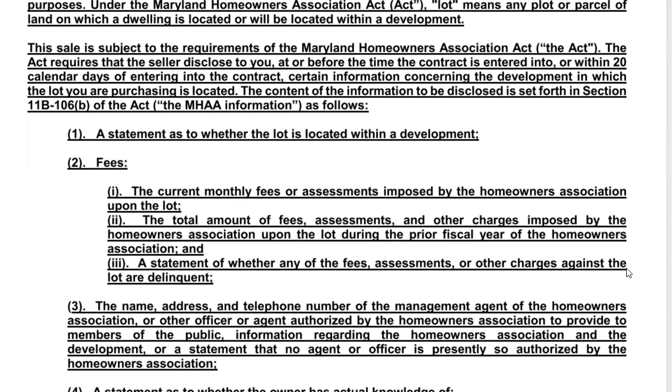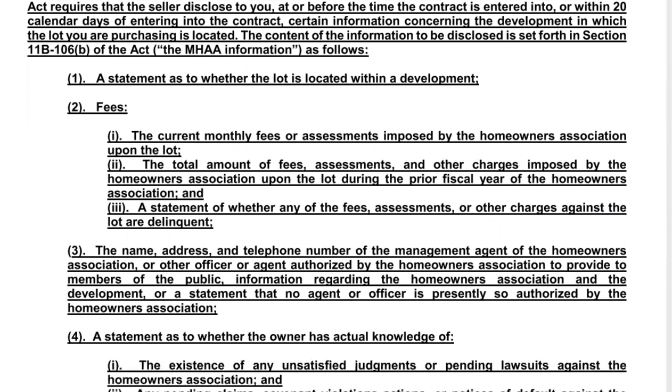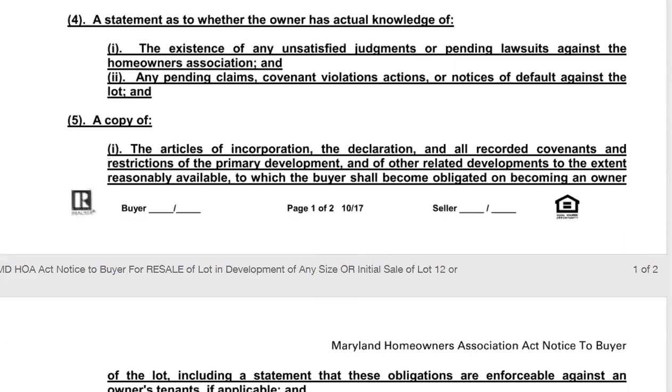They also need to provide for the buyer the contact information for the management agent of the HOA. They also need to tell us whether or not they know of any unsatisfied judgments or pending lawsuits against the HOA, and if there are any pending claims, covenants, violations, or defaults against the lot.